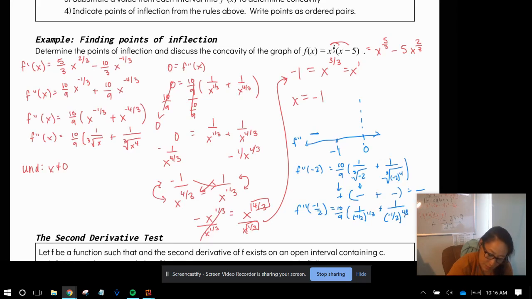And honestly, I'm going to type this into my calculator and I'm going to get a positive value out of this function. And then this last section, we're going to go with a positive 1. So again, type it into your calculator.